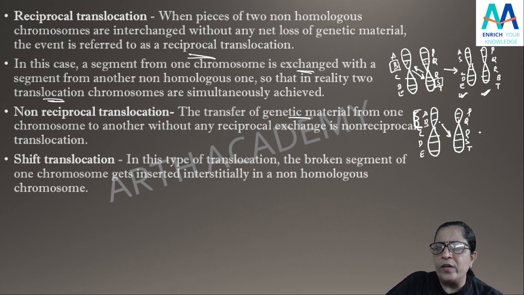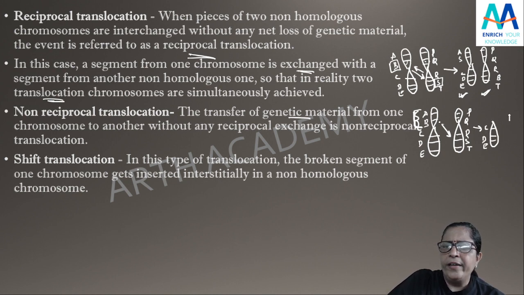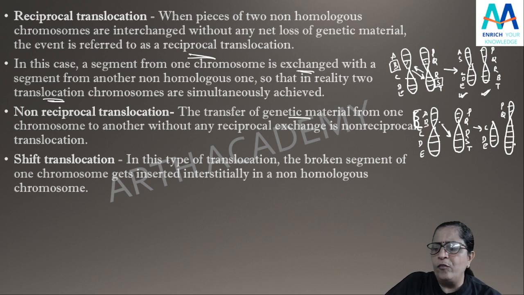This will translocate here, so the result it would be यहाँ पर सिर्फ C, D, E बचेगा और यहाँ पर जो है it would be your P, Q, then R, S, T, A, B, all will be there. Are you getting it? So you will get this. ये हो जाएगा आपका non-reciprocal.